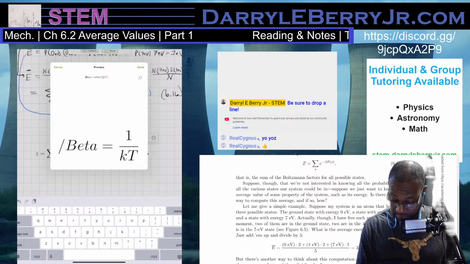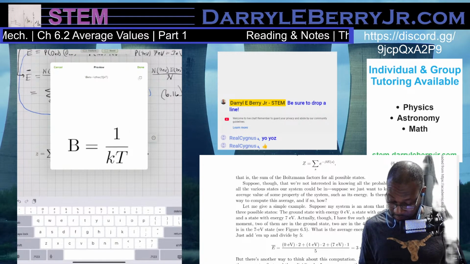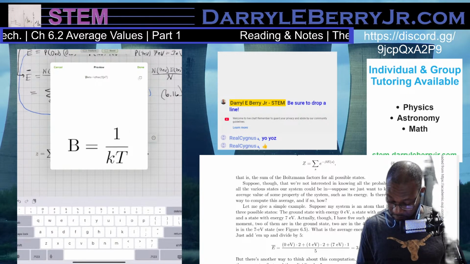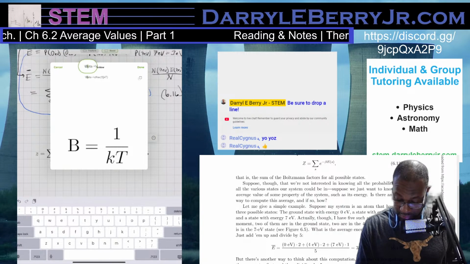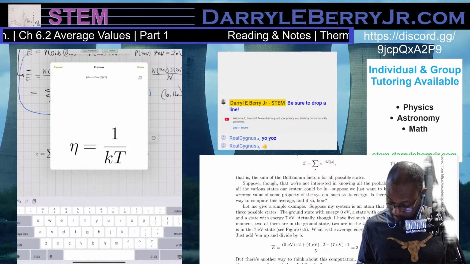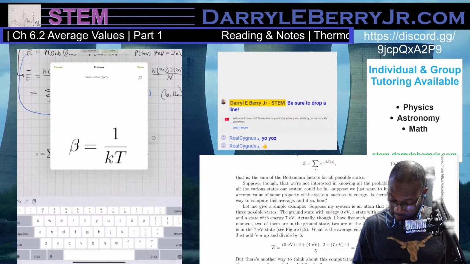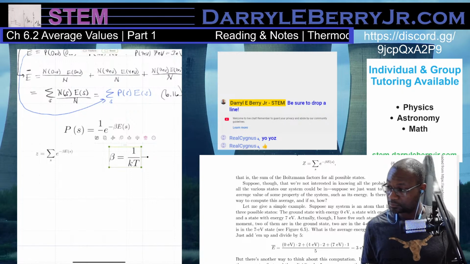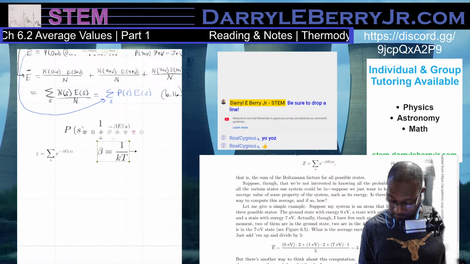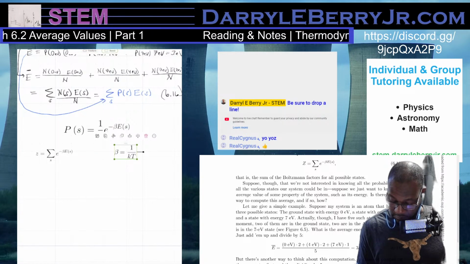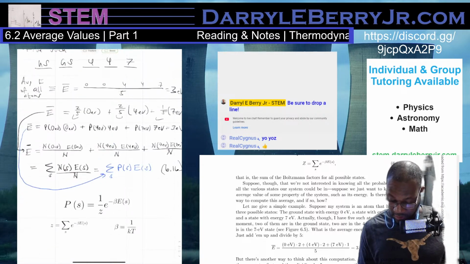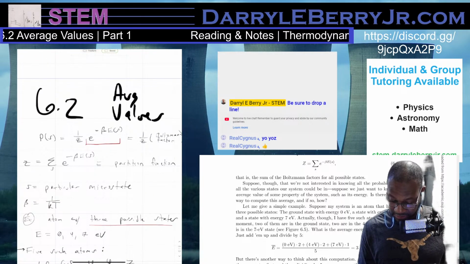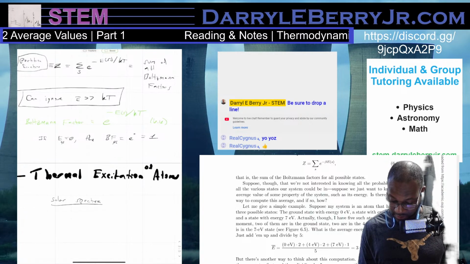I mixed up which one this is. Let's be a lowercase. All right, there we go. All right. And did I miss a formula? I don't think I did. Got that one.